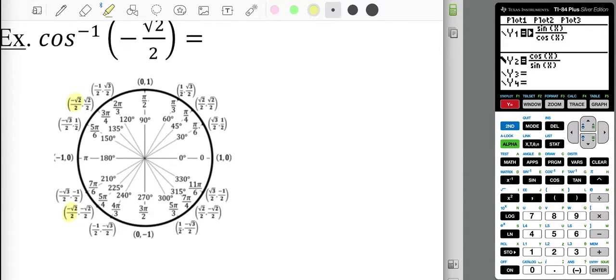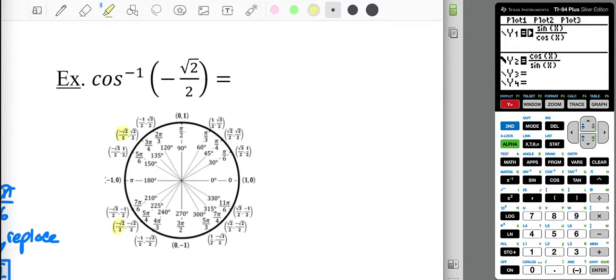And there we go. I'm looking for the one that's also going to be in the correct domain. The cosine ratio only exists in the 0 to pi domain.